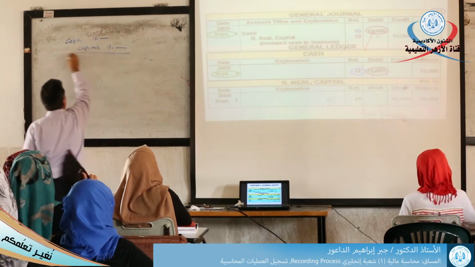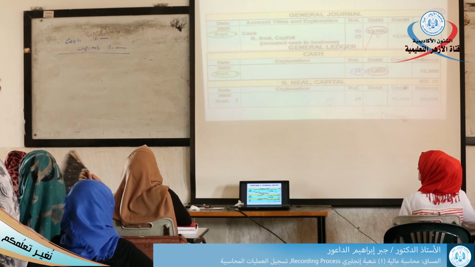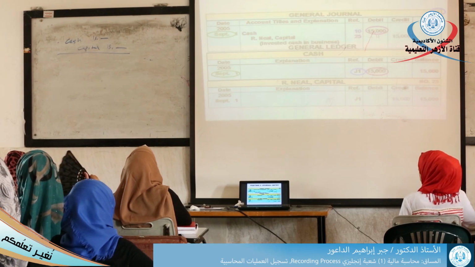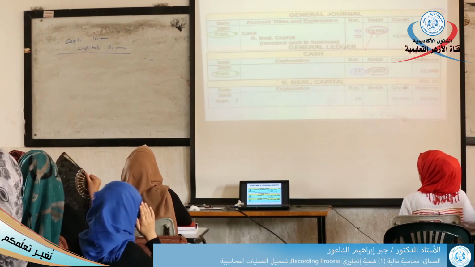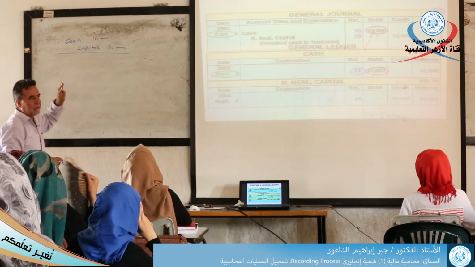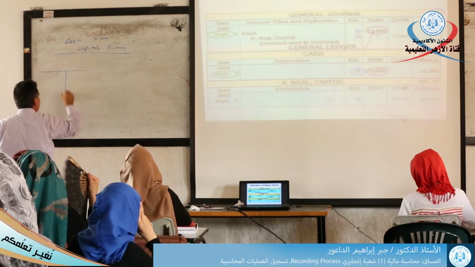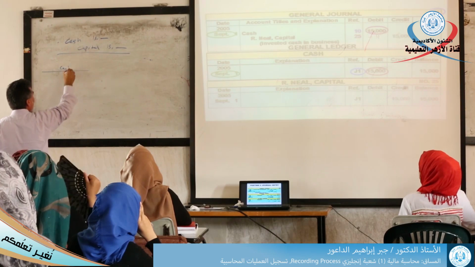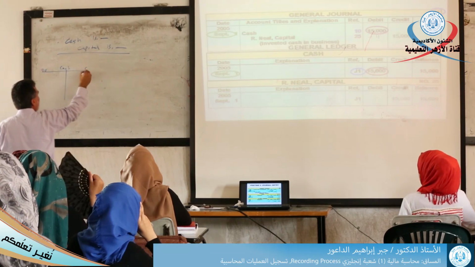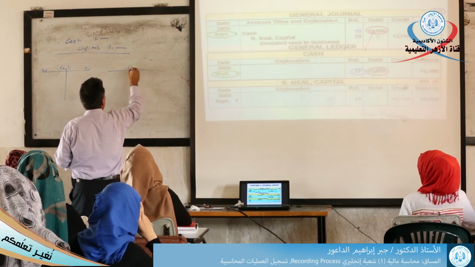According to this entry, we have just two ledger accounts, a ledger account for cash and another ledger account for capital.